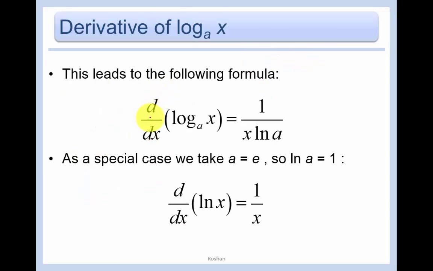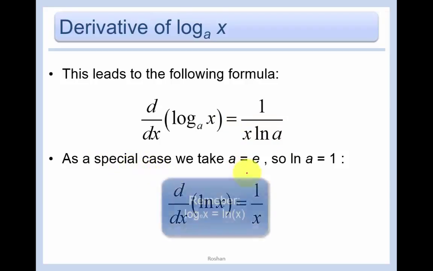As we just said, we learned that the derivative with respect to x of log base a of x is 1 over x ln a. Now let's take a quick look at a special case where we let a equal e, meaning that we have log base e of x.